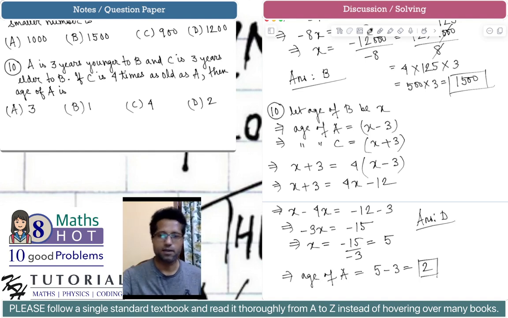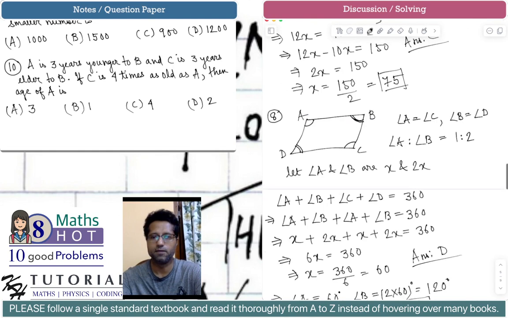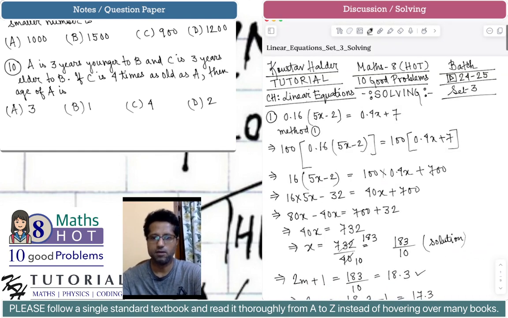So this brings to an end in solving the set 3 of 10 good problems on the chapter of linear equations in one variable. This set of problems I hope will give you a good practice of relatively harder problems than the problems we have done from the textbook of author R.S. Agarwal. So I will keep on preparing and solving this kind of 10 good problems from this chapter of linear equations. So keep an eye on this playlist, and you should also keep on solving these problems.